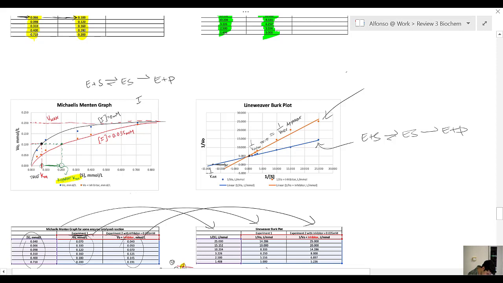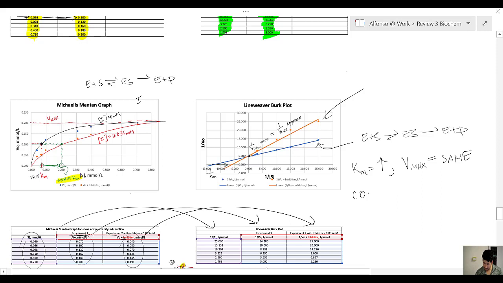The line has shifted to the right, which means that Km has increased. So we know Km has gone up, which means lower affinity. So what inhibitor do you know where Vmax is the same, but Km has increased?